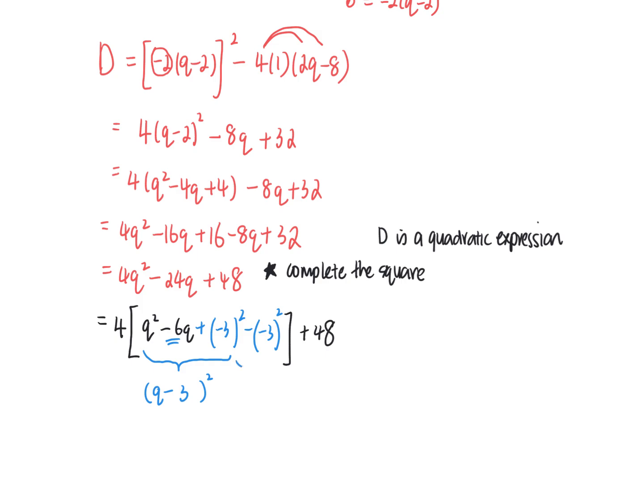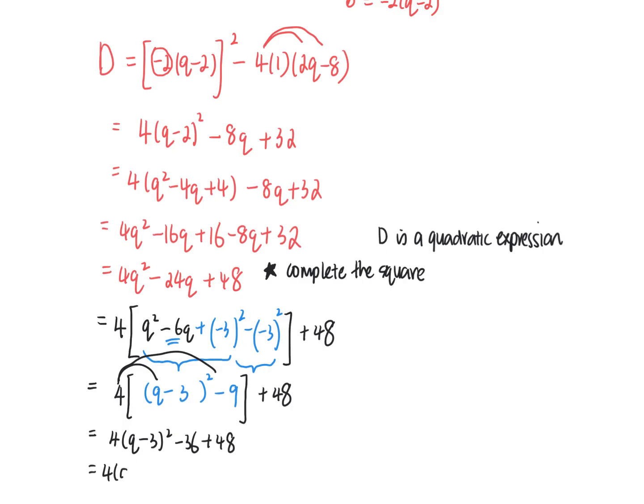And then this thing here is just a negative 9. But don't forget, it is still within your square bracket. So when you do completing the square, be very careful also. So expand in now. Okay, you end up having this.